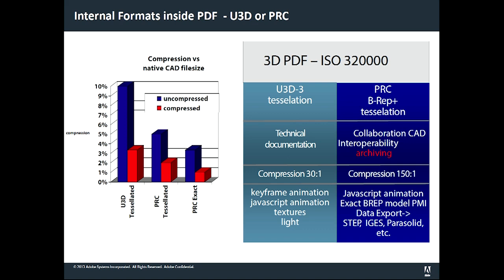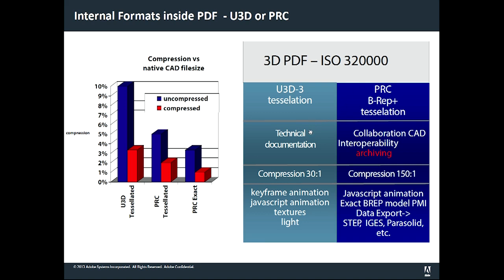If you do that with PRC, then you have an exact PRC file with 1% of the file size. So we can say it's up to 1 to 150 for the compression if you use PRC, or up to 1 to 30 if you use U3D.